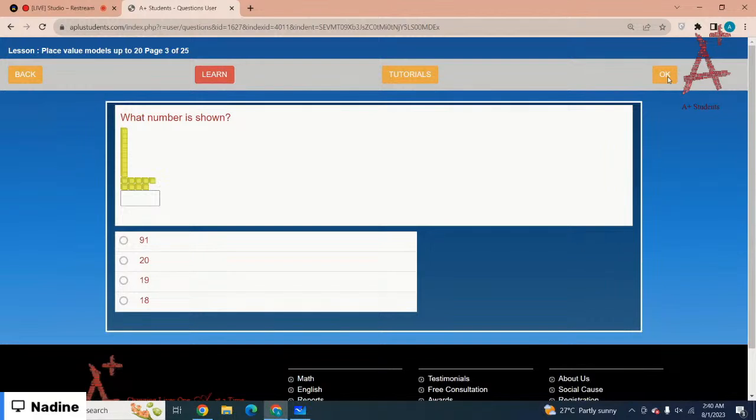What number is shown? So which is the correct option? Just count by tens. So you are given just one ten. And when you count, you are given nine ones. So one ten and nine ones make 19. The correct option is 19.